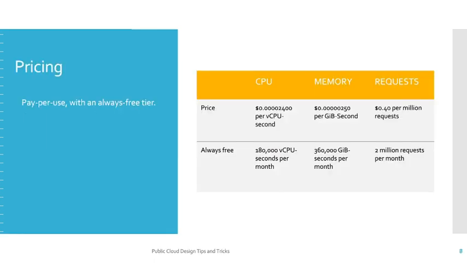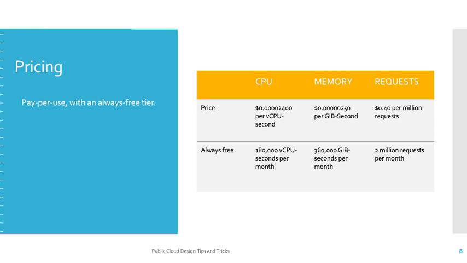Then the last part is the pricing, where we talk about the payment model. It is a pay-per-use payment model with always-free tier options. Prices are per CPU, memory and request. Everything is summed up, and then the final bill is generated.